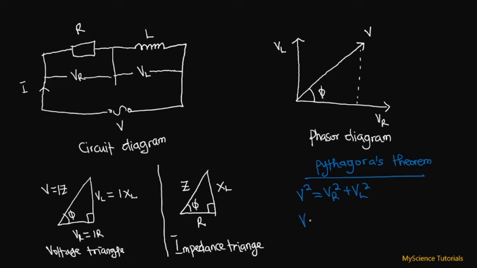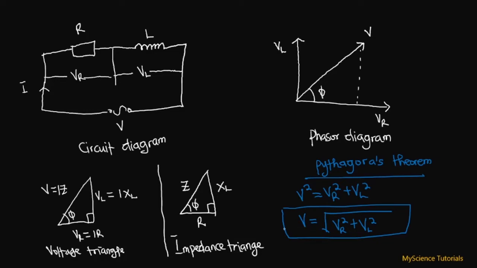If we make V the subject, we are going to have the square root of VR squared plus VL squared. And now this is what we are calling the phasor sum. Okay, the phasor sum of the resistive voltage and then the inductive voltage to get the applied voltage.